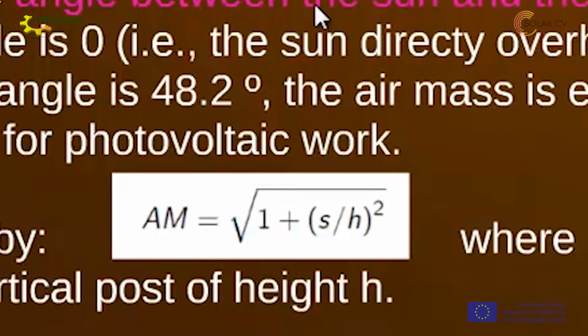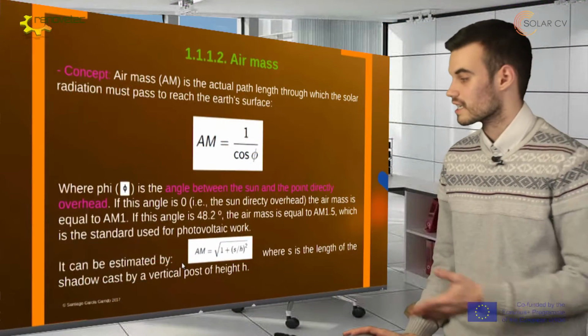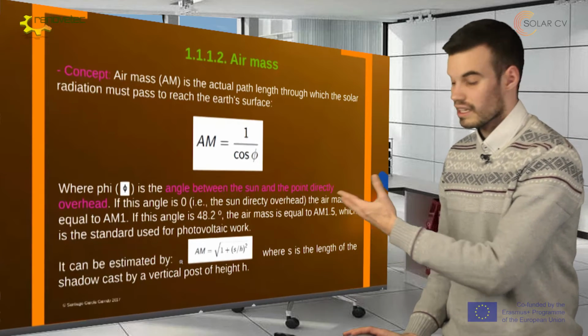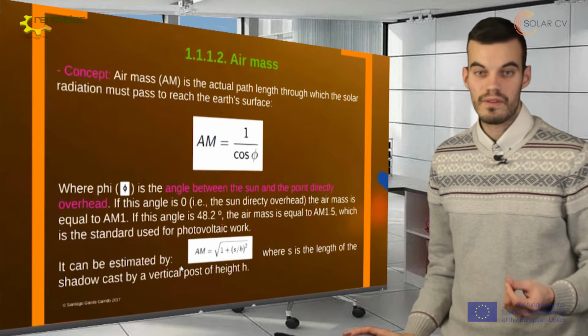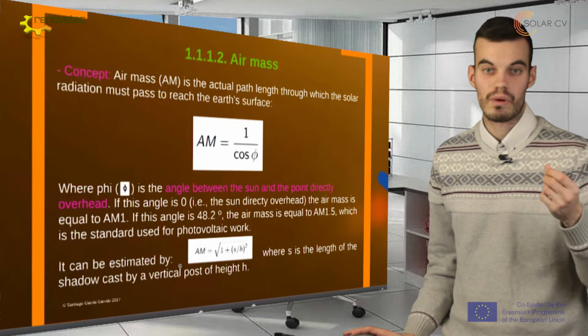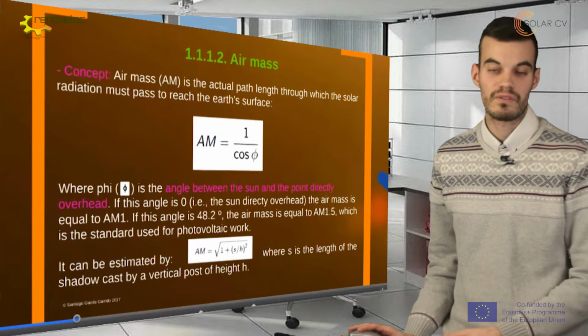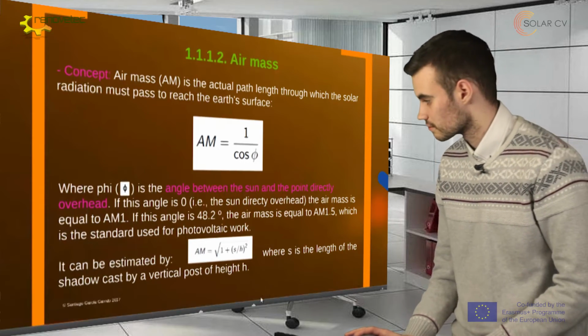Now, if we do the square root of 1 plus s divided by h, squared, we are going to have AM. For example, imagine that this is 1.5, this is going to be AM 1.5, and this is the standard for photovoltaic cells.